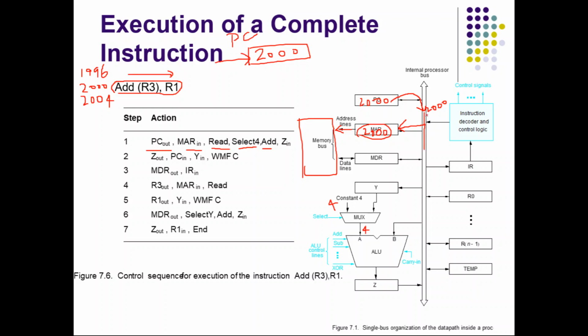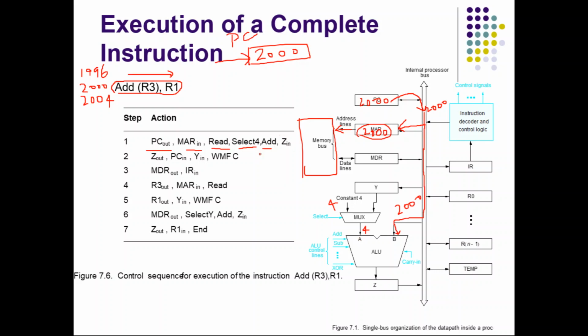Even though 2000 is moved to MAR, one copy is moved, still this 2000 is currently active on the internal bus, so it is also available in B. The internal bus is directly connected with B. So here you have 2000, and B's input is now 2000, A's input is 4.